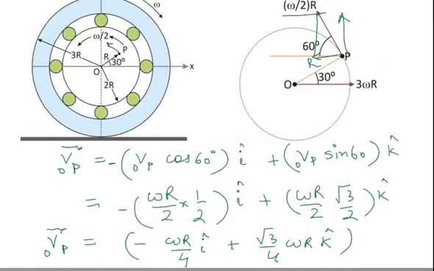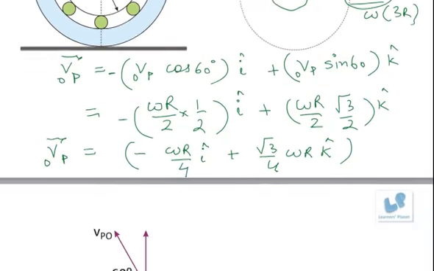Also the outer ring is rolling in the forward direction. Therefore the velocity of point O will be in the x direction, and the magnitude will be given by omega times 3r because the radius is 3r. So the speed is 3 omega r, but this is in the x direction.